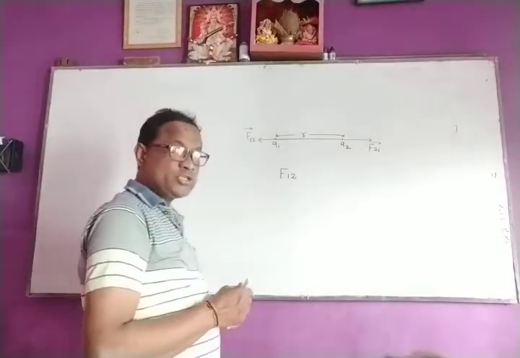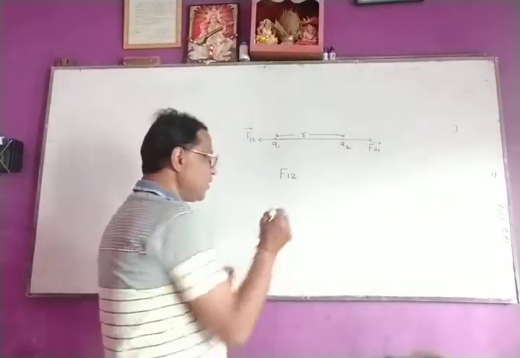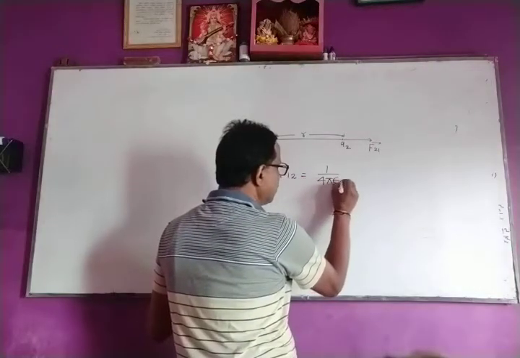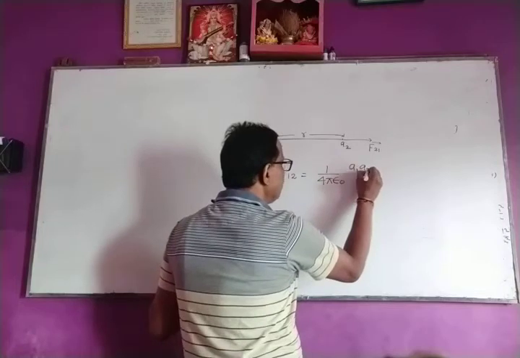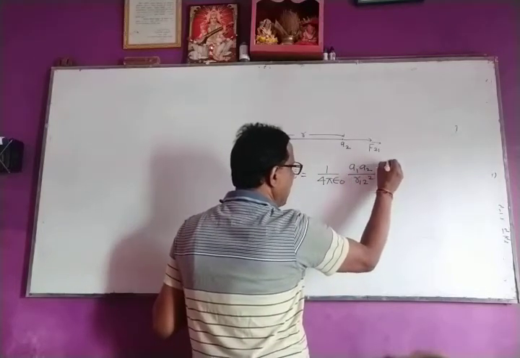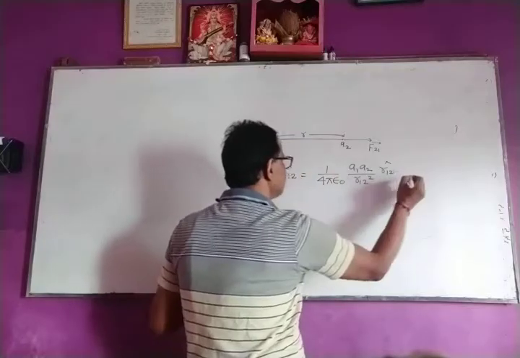So applying Coulomb's law, F12 is equal to 1 by 4 pi epsilon naught Q1 Q2 by R12 whole square, R12 cap.